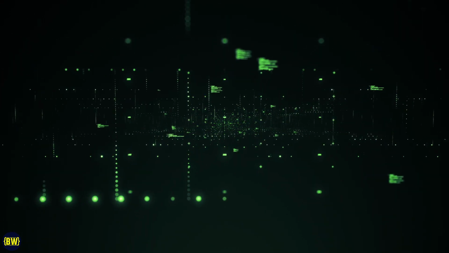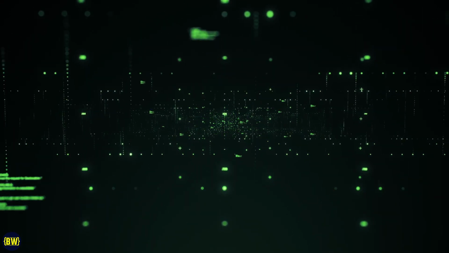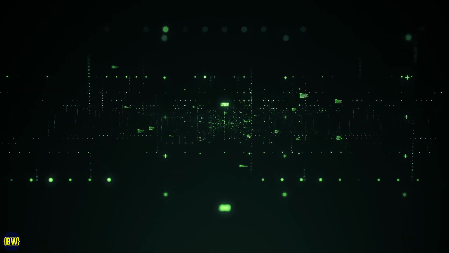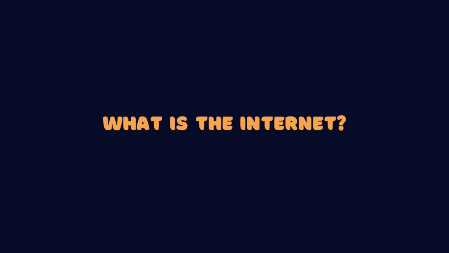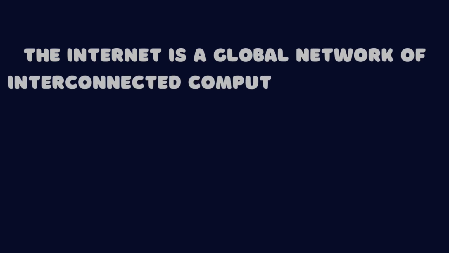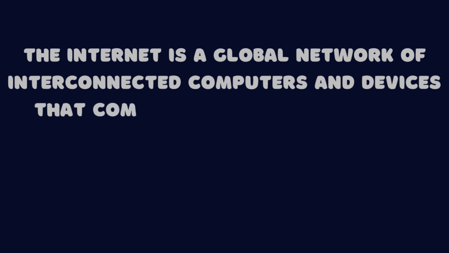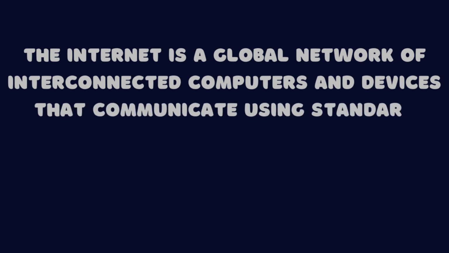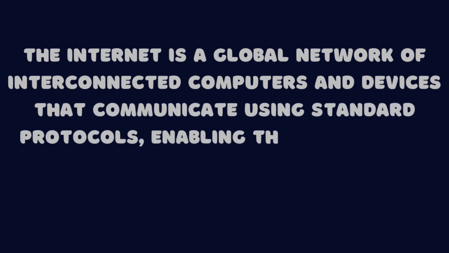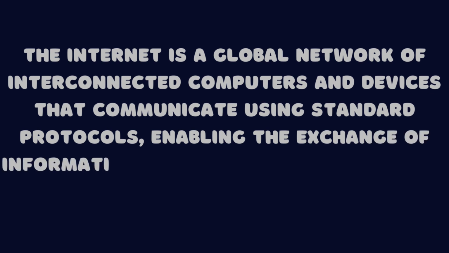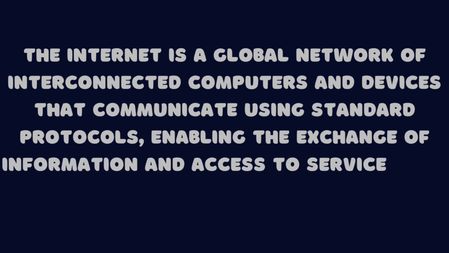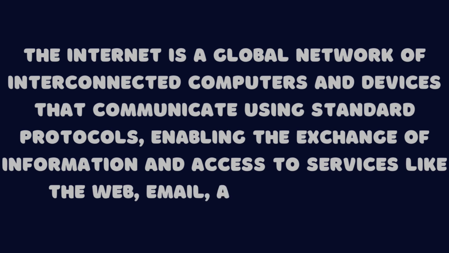But before we see how the internet works, let's first define what is the internet. The internet is a global network of interconnected computers and devices that communicate using standard protocols, enabling the exchange of information and access to services like the web, email, and file sharing.